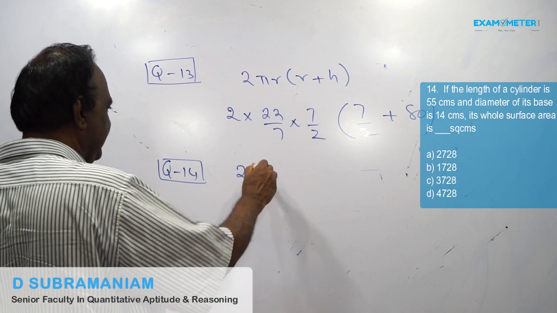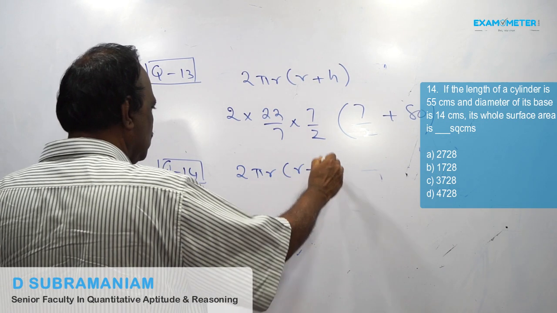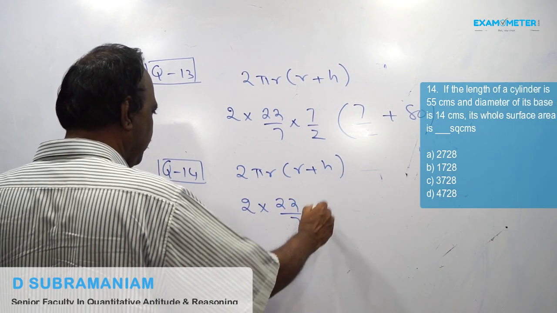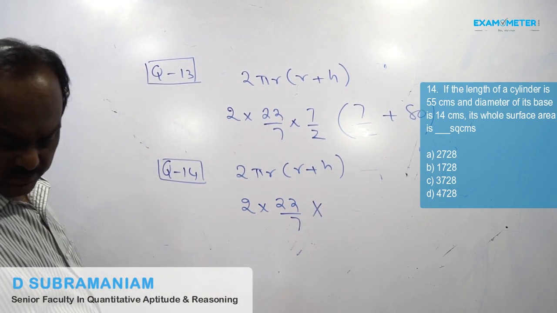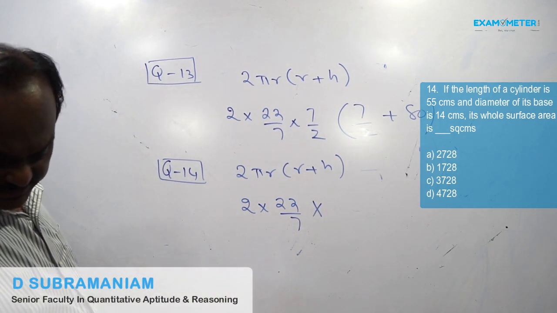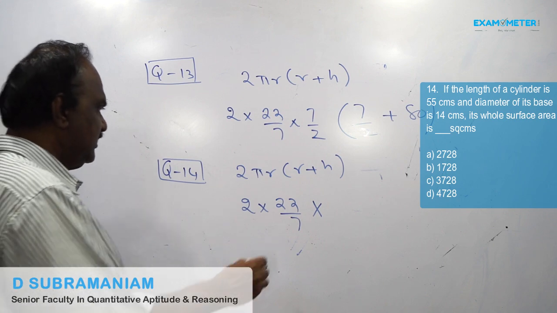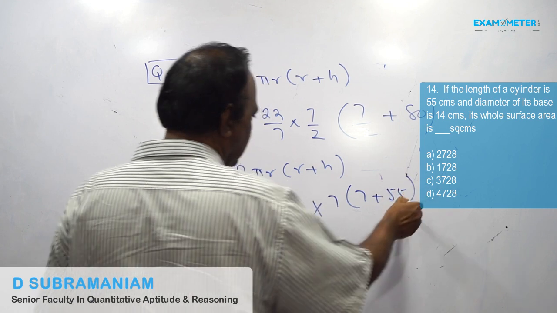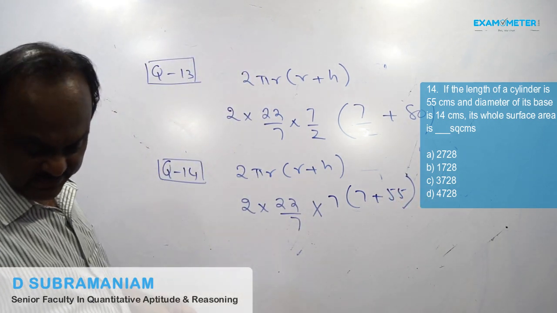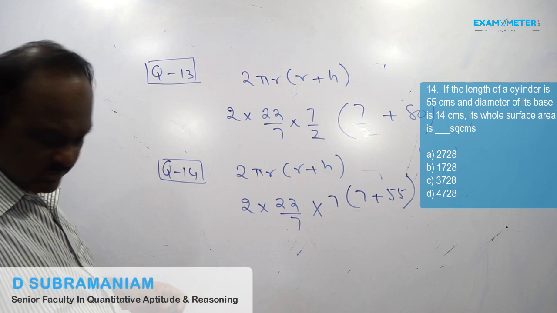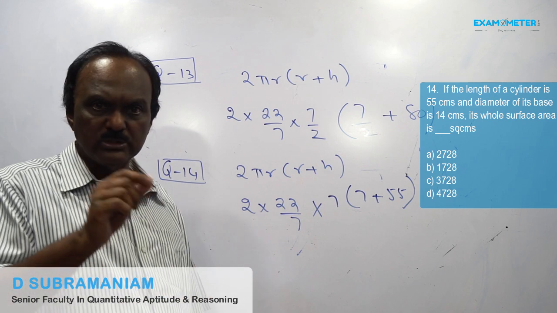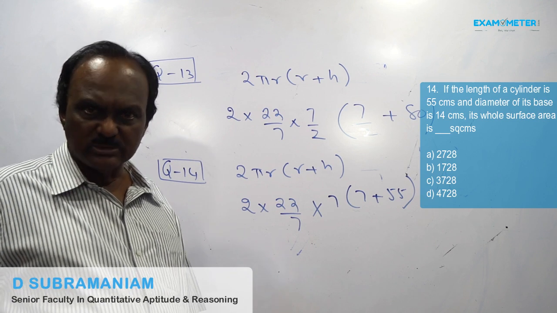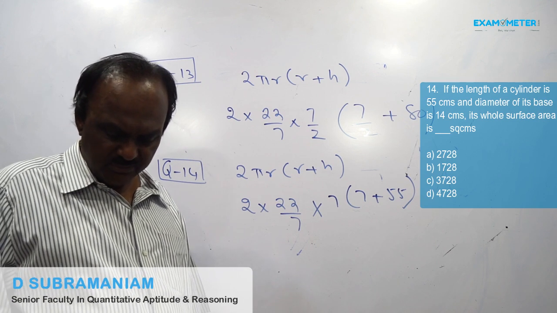Whole surface area is equal to 2 pi r into r plus h. 2 into pi value into diameter is given as 14 centimeters, so this will be half of the centimeters, into height is given as 55 centimeters. If you simplify this, you get the answer as 2728. That is multiple choice B.